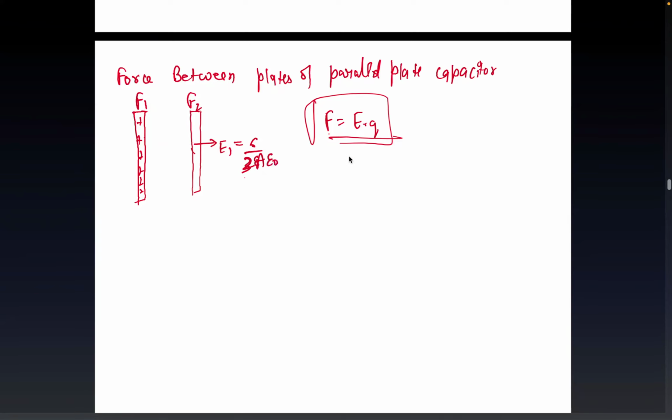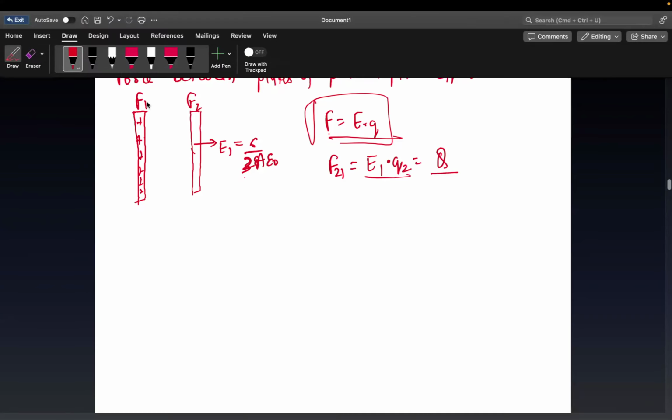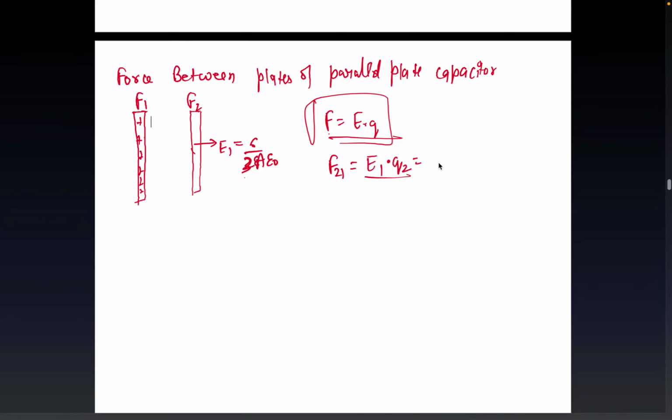What is the force? The force on 2 due to 1 is the electric field of 1 multiplied by the charge, right? So we can write it as sigma by 2 epsilon naught times the charge you have. This is just the magnitude, okay?